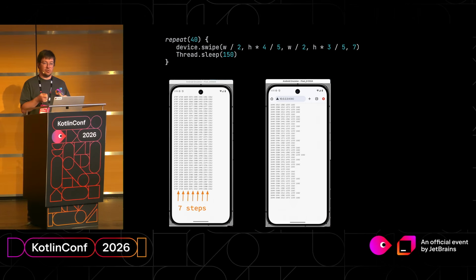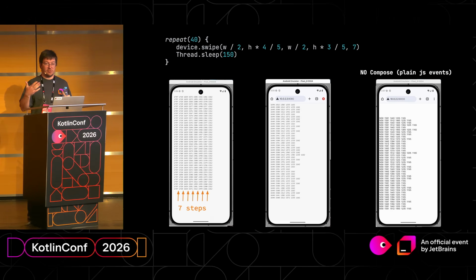But then I decided to make a simple HTML application which just logs the same events in a browser, and I see absolutely the same picture. The reason is that browsers just send fewer events to the application. And this is fine because, you know, Wikipedia works perfectly. It scrolls fast and with no problems.